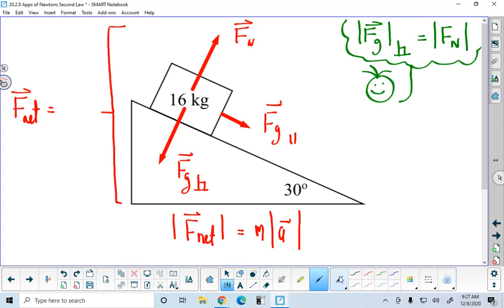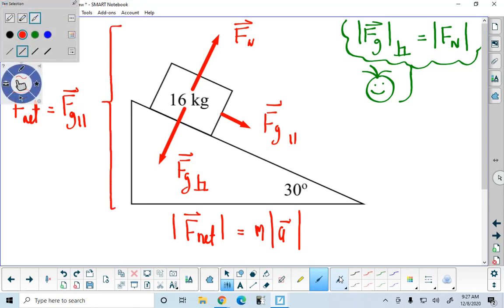I know F net is always equal to ma, but based on the diagram, F net in this example is Fg parallel. If I add these three forces, and let's face it everybody, F net means F total.